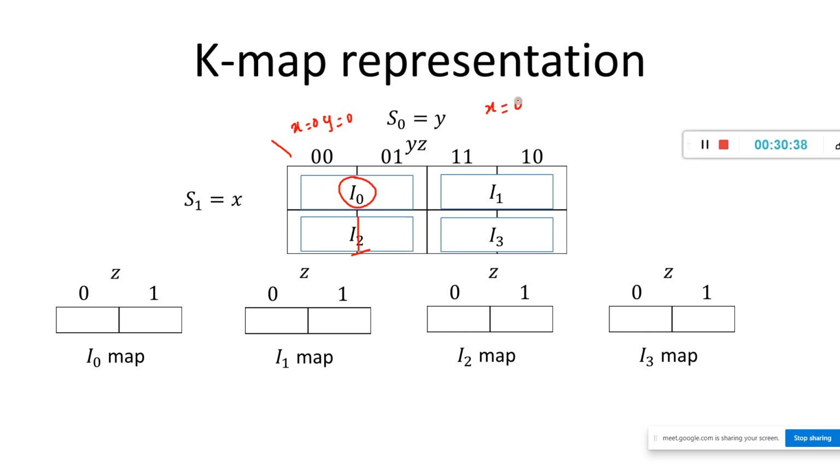X is 0, Y is 1, I1. X is 1, Y is 0, I2. Next, X is 1, Y is 1, I3 is selected. In this way, we have made the sub maps: I0 map, I1 map, I2 map, I3 map.